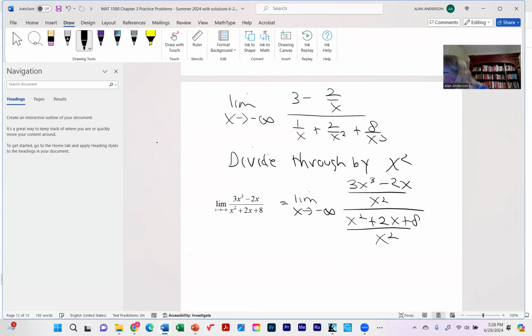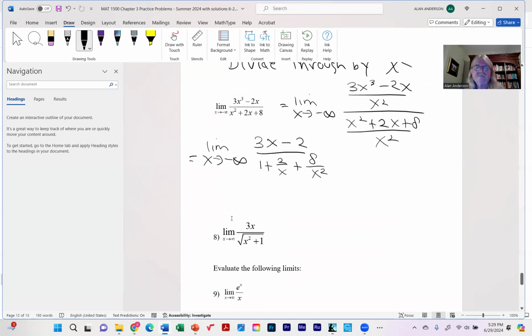Now, how does that help? We're going to have 3x minus 2 over 1 plus 2 over x. Okay, so it may not look like it, but we're in pretty good shape now. And here's why.